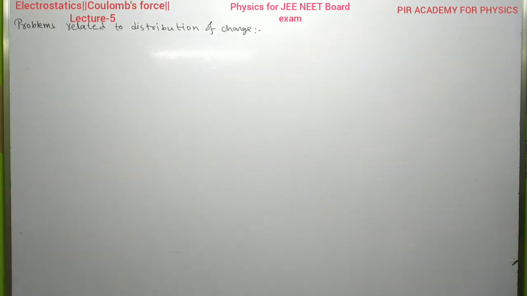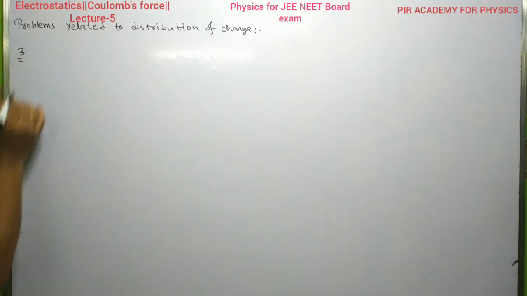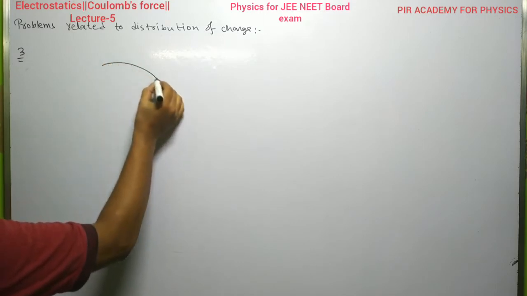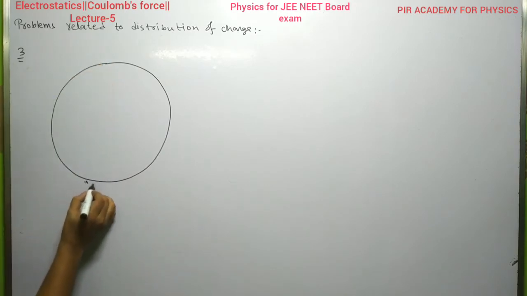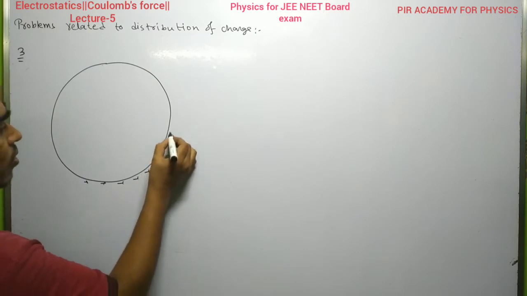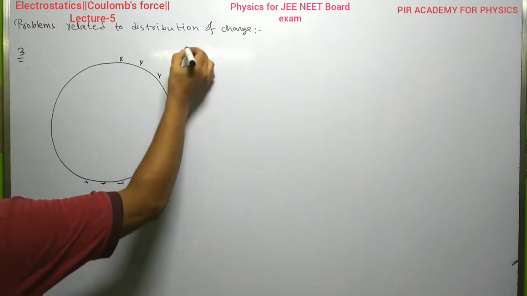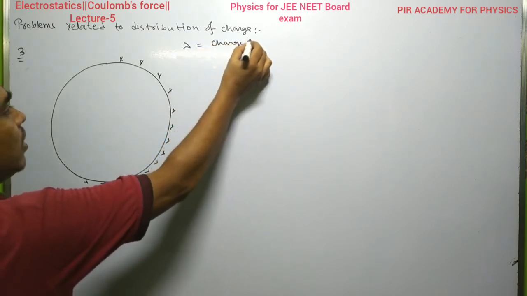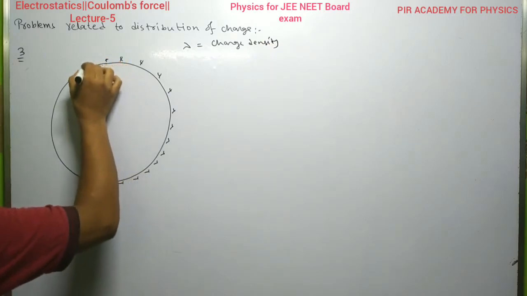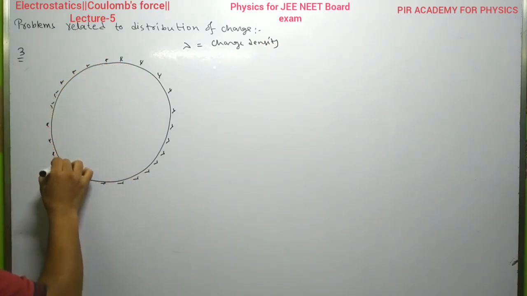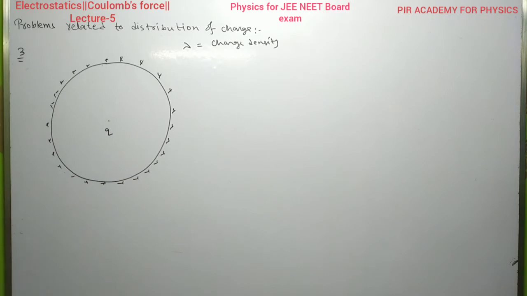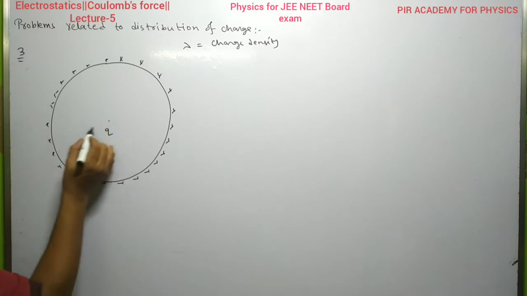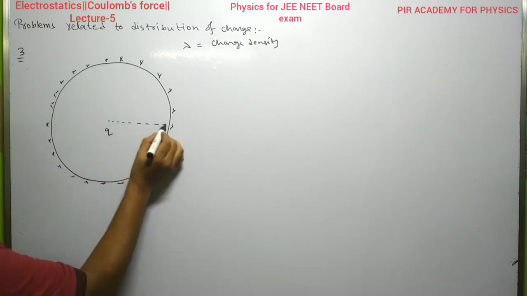Now problem number 3. If this is a circular wire, this circular wire carries a linear charge density lambda, and if I put a plus charge q at the center of this circular wire, suppose the radius is r.